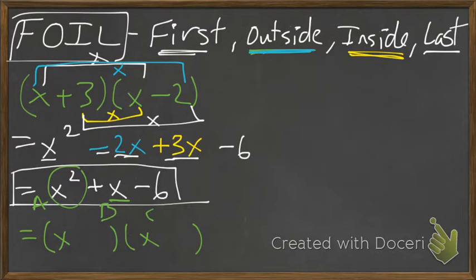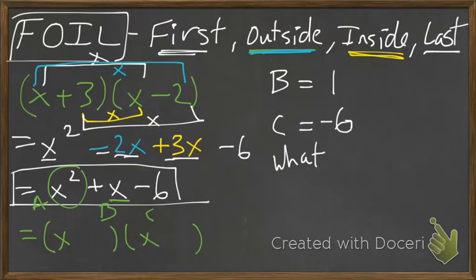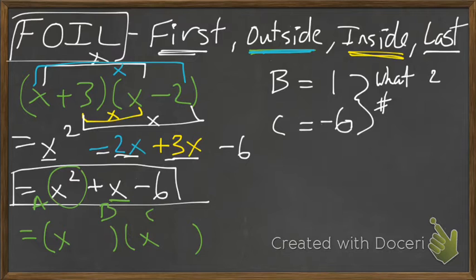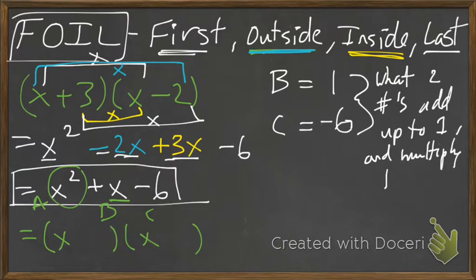That's still minus 6. So we said b is equal to 1 and c is equal to negative 6. So we have to find out what two numbers add up to 1 and multiply to give negative 6? And this is our sum and product.